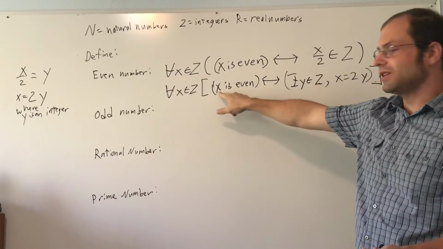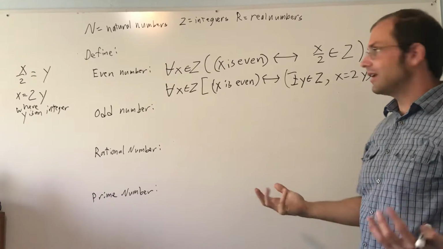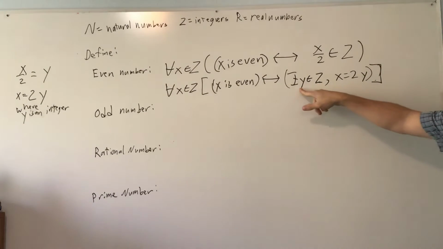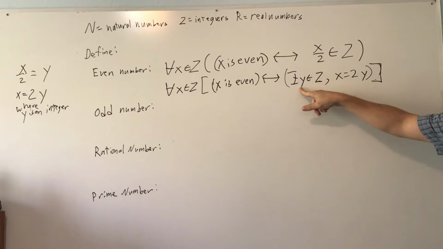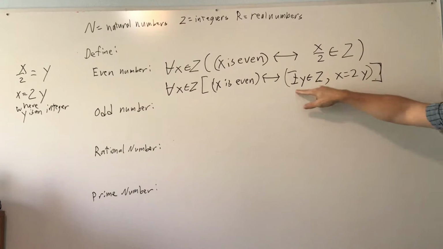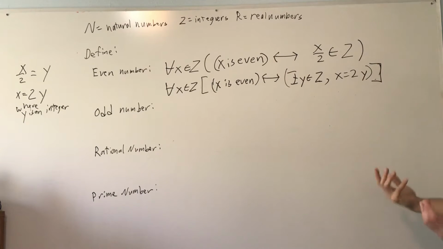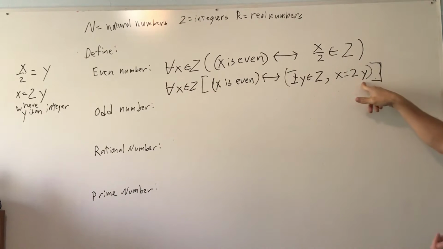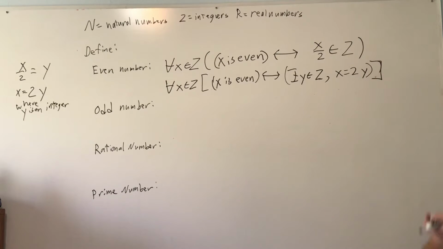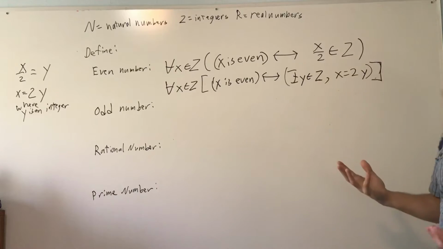But if x wasn't even, maybe x is equal to 15, well then such a y isn't going to exist. If x is equal to 15, then there exists y such that x is 2y is going to be false. Because the only such y that exists would be 7.5, and 7.5 is not an integer.